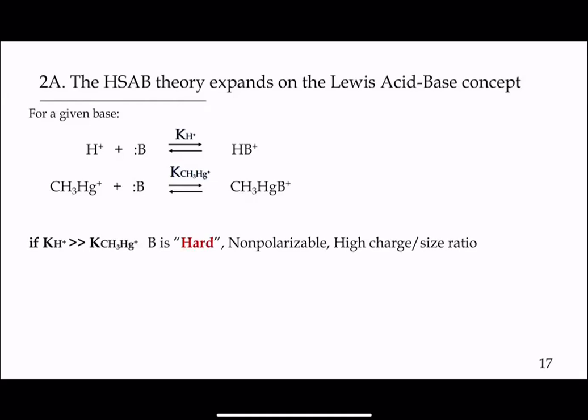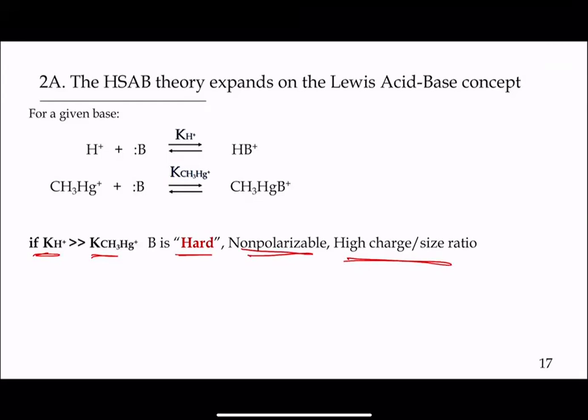All right, and with that, they put categories. So if the affinity K to the proton is much, much higher than to the methyl mercury, then that base is referred to as being hard. Something that's hard will be non-polarizable, and as part of that, high charge and charge to size ratio.